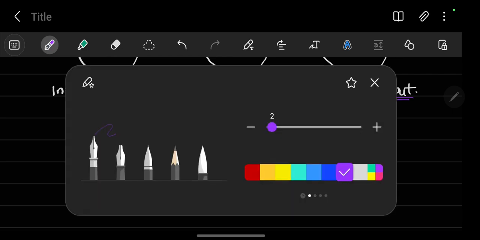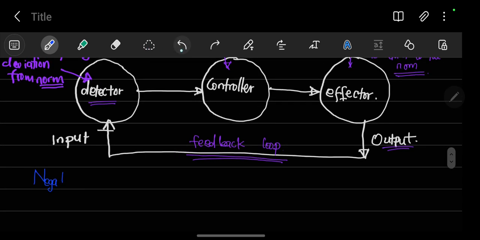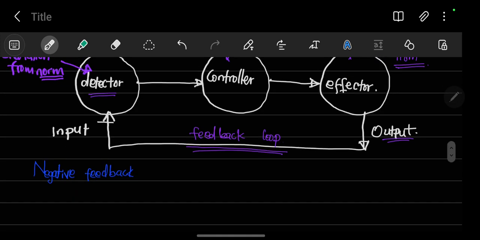So let us look at the negative feedback. What's negative feedback in homeostasis?